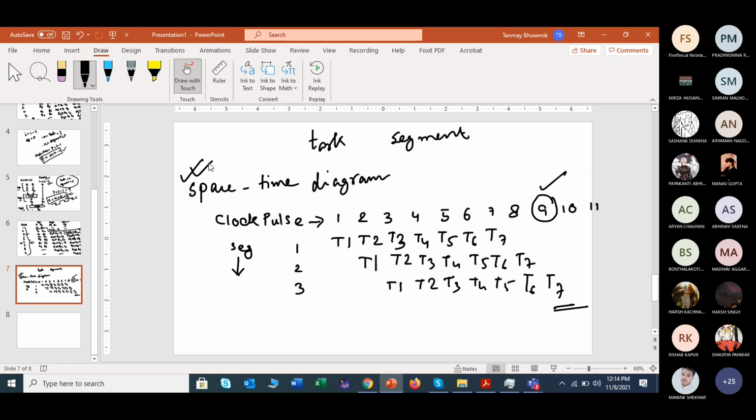Any confusion you are facing? I hope different problems should be there. Maybe you are thinking, which one is the task, which one is the segment? Maybe you are thinking that when I am multiplying A1, B1, and when I am taking C1, then again when I am taking A1, B1 into register R3 and C1 into register R4, and adding them, is it changing the task or is it changing the segment?